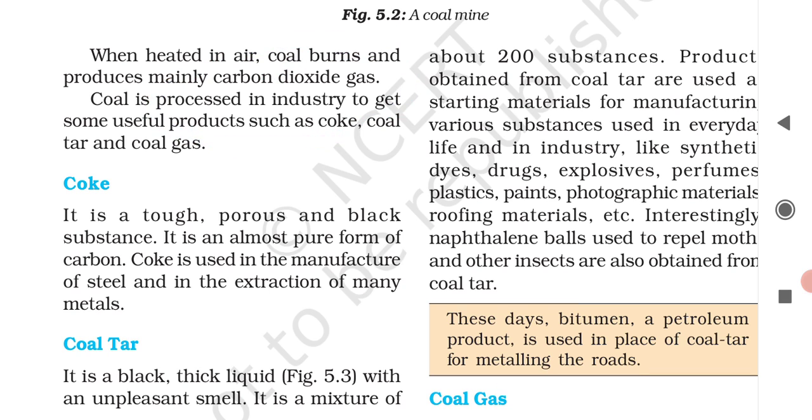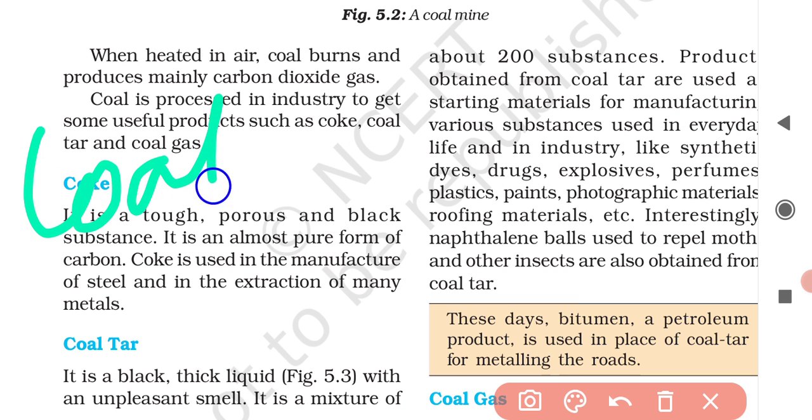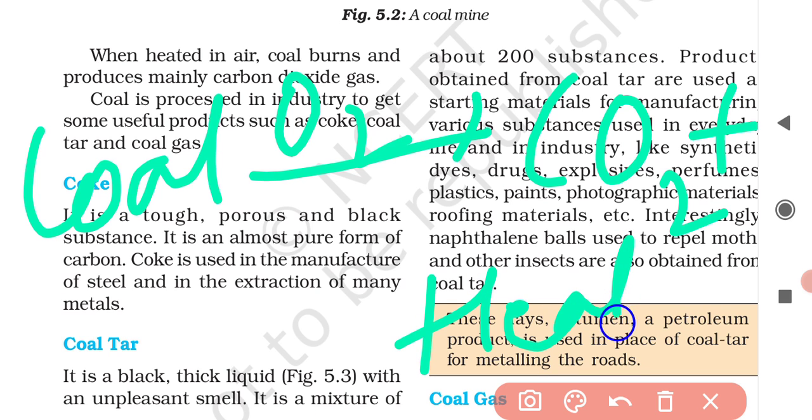Remember, carbon dioxide gas. And it is processed in the industries to get some useful products like coke, coal tar and coal gas. Just remember, when coal is heated in presence of oxygen, carbon dioxide gas is produced and some heat or light is also produced. That is, energy is produced. Heat, light or electricity can be generated using coal.